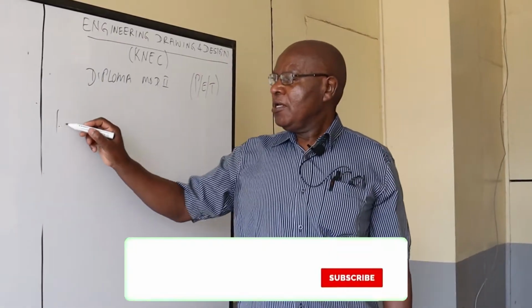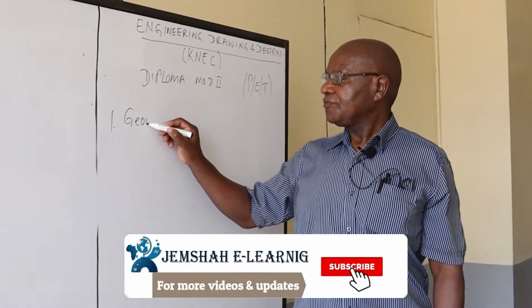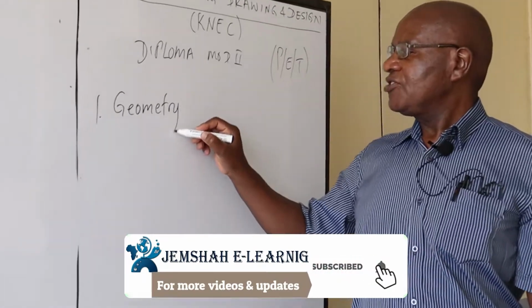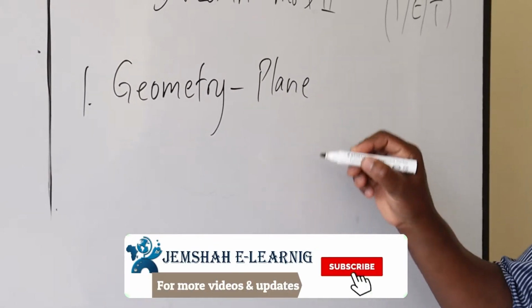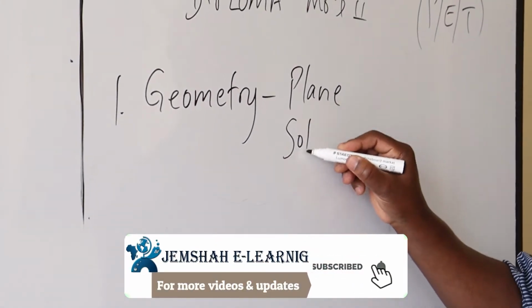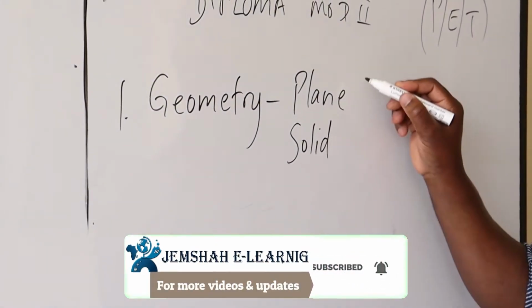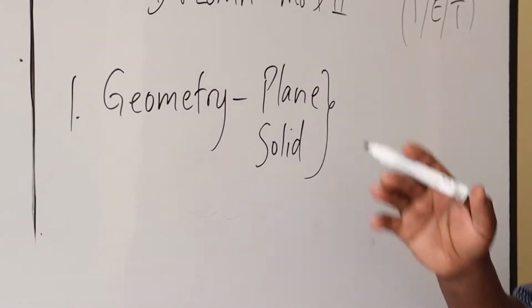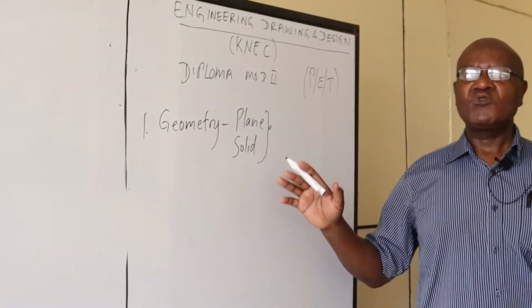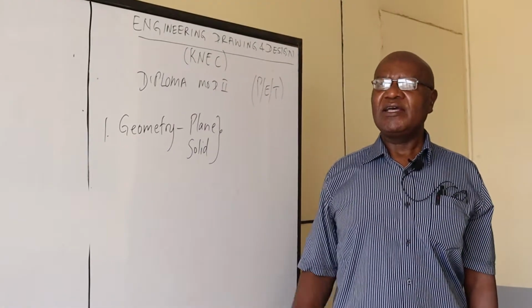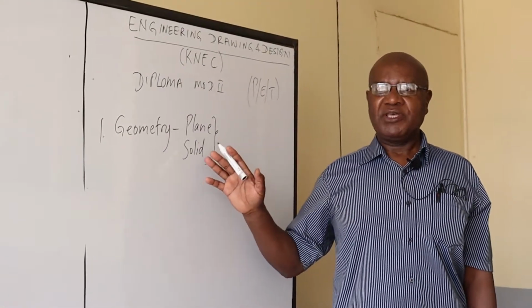The first one is geometry. In the geometry, we have plane geometry and solid geometry. Now, these two are similar to what you did in your first year engineering drawing.